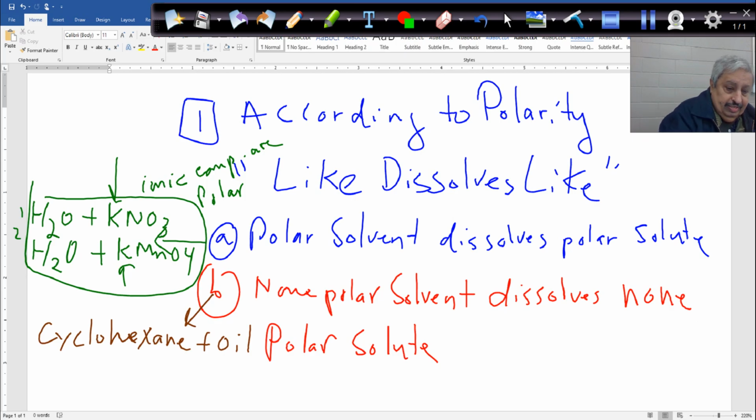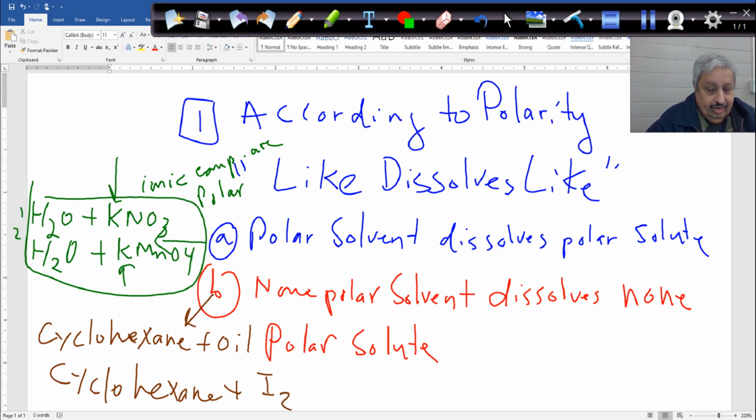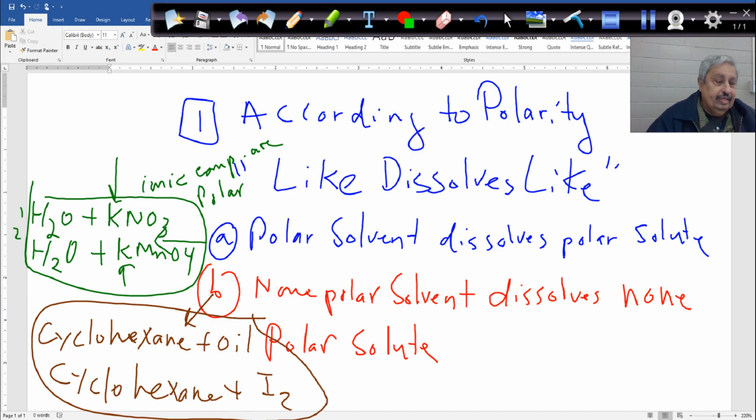So, cyclohexane with oil or cyclohexane with iodine crystals. This is non-polar.